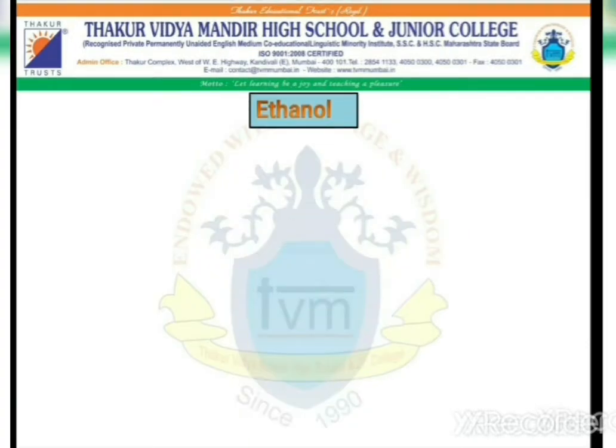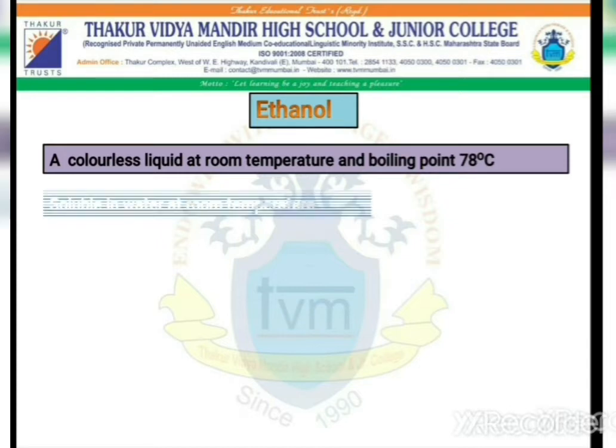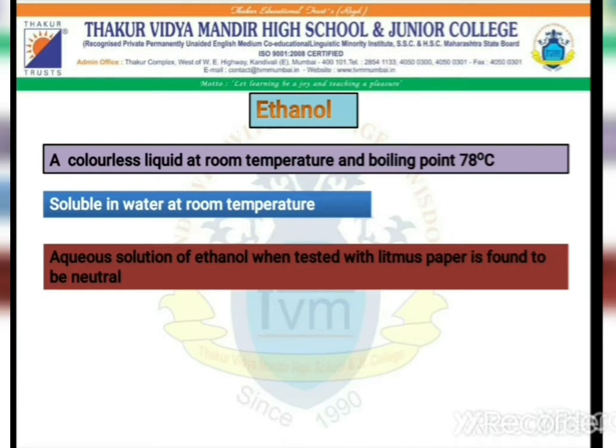Coming on to the properties of ethanol, first of all, it is also called ethyl alcohol. It is a colorless liquid at room temperature with a boiling point of 78 degrees Celsius. This liquid is soluble in water at room temperature. Aqueous solution is a solution which is formed in water.